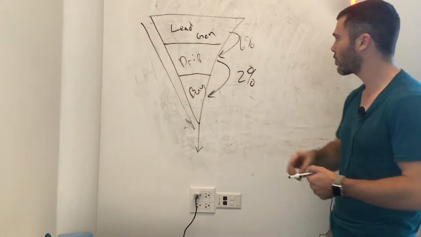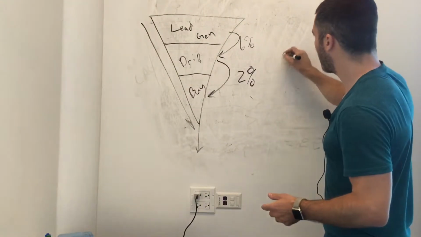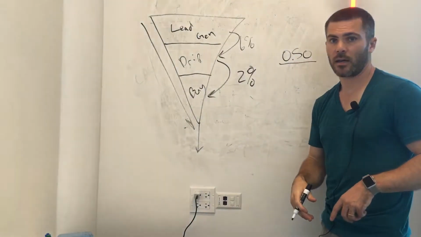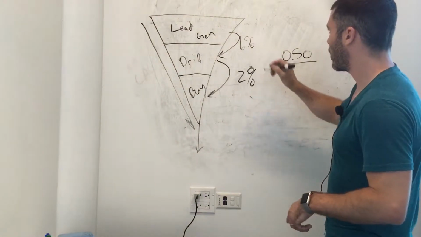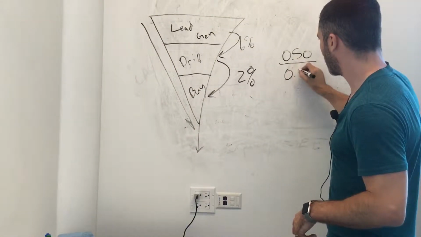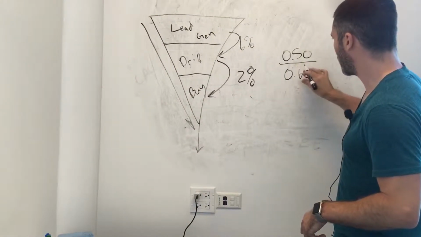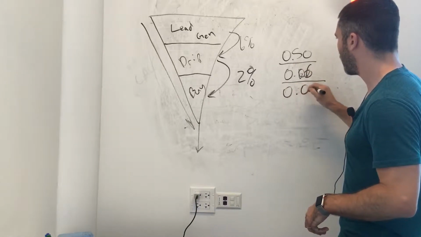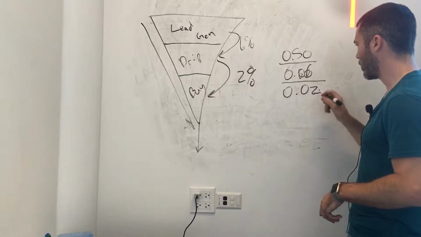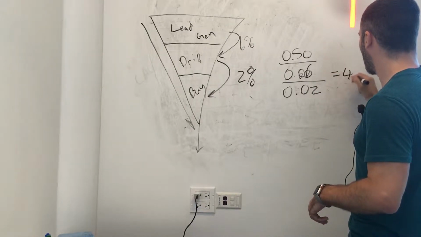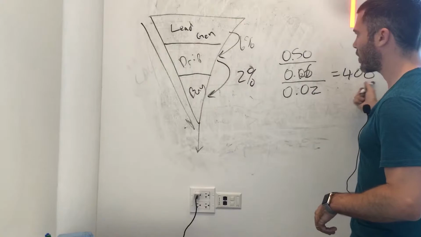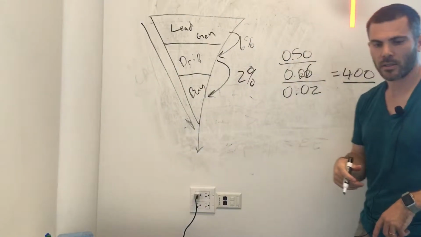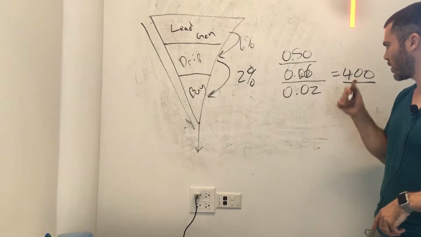When we run the math, let's say we're spending 50 cents per click on our social media campaign. We divide that by our lead generation success rate, which is 6%, and then we divide that again by our drip campaign success rate, which is 2%. What we find is that our customer acquisition cost for running this campaign is $400 per customer.